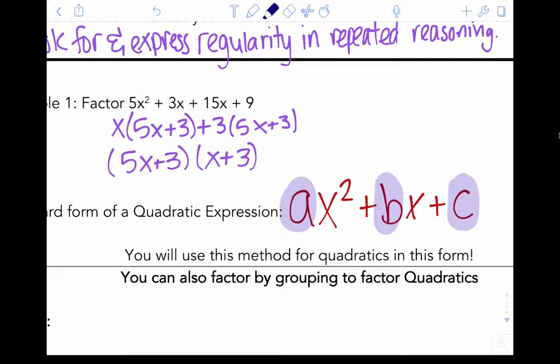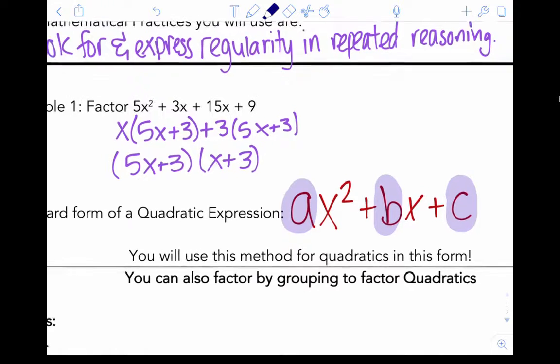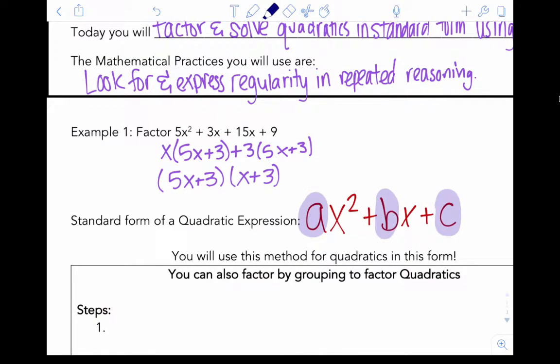And so when we have an actual standard form quadratic, we're going to have numbers in those places, and we'll just have the x squared and the x in there. And so when we have quadratics that are in this standard form with the trinomial, then we are going to use this AC method.